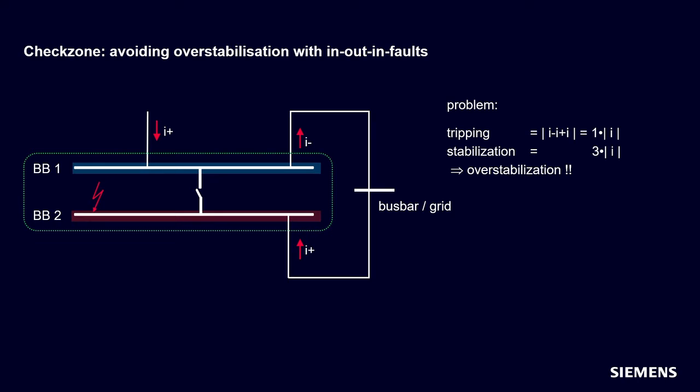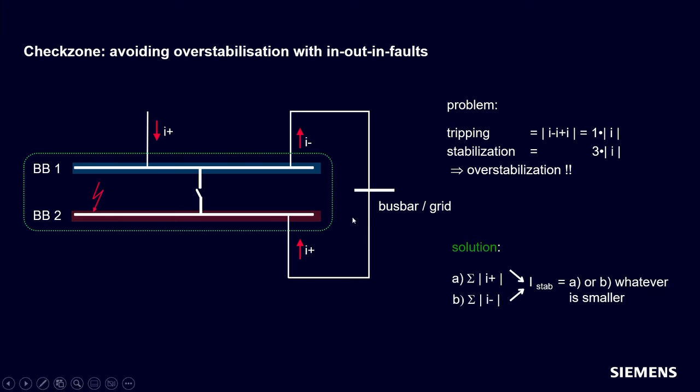This would lead to an overstabilization and therefore to an underfunction. If we calculate the stabilization current like we learned before, the sum of all currents flowing towards the busbar equals 2 times the current. The sum of all currents flowing away equals 1 time this current. The smaller value is 1 times this current, and therefore we are in the tripping area of the check zone protection.